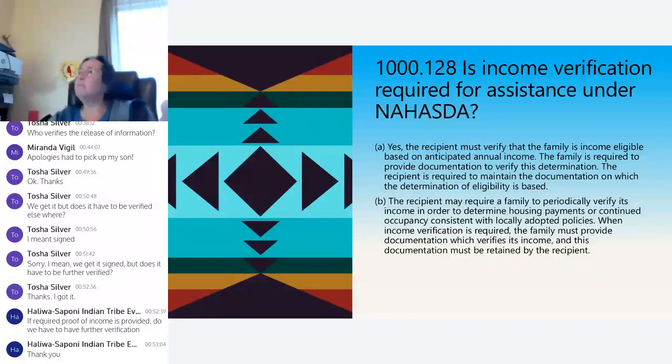I have been in places where people say, I'm not going to do that. Well, fine. Then you can't be part of our program. This is required by federal law, and that's what I usually explain to the council. And unless you want to risk losing your money on behalf of one tenant for all of your tribal members, it's required.